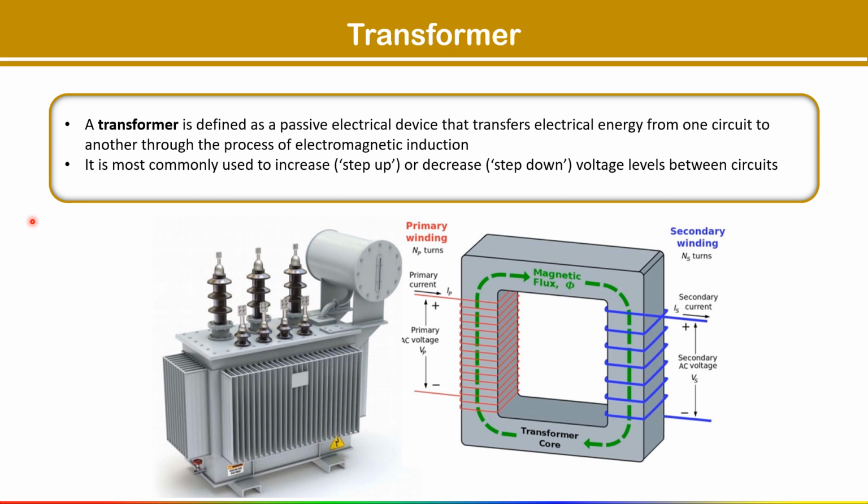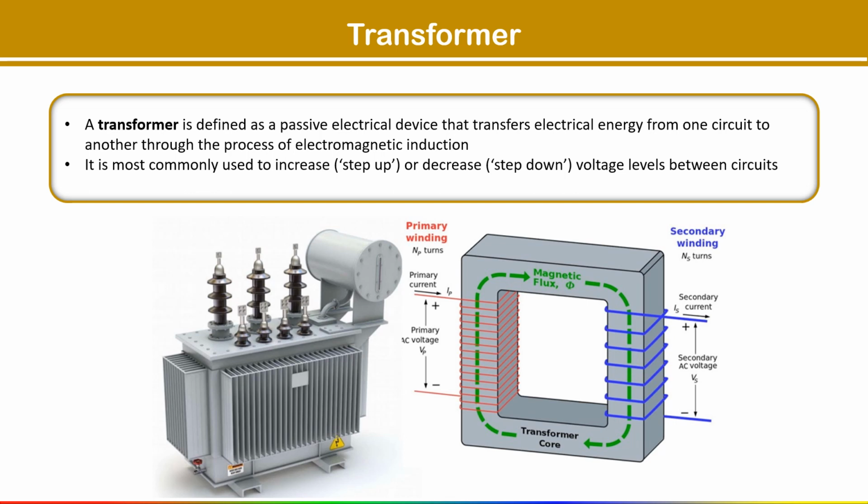Transformers are highly efficient, with a large majority of electrical energy transferred between the input and output without significant loss. It is most commonly used to increase or decrease voltage level between circuits. Now the question may be where we can use this transformer.